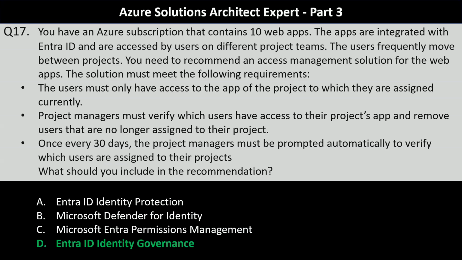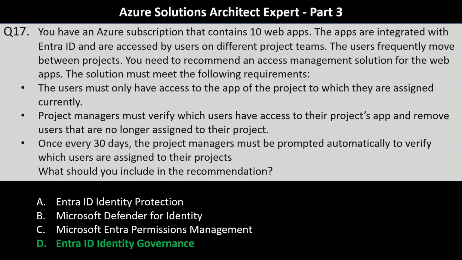This aligns with the requirement for users to access only the app of the project they are currently assigned to. And utilizing automated processes in Entra ID can automate the process of reviewing and updating access permissions, making it easier for project managers to maintain proper access controls without manual intervention.